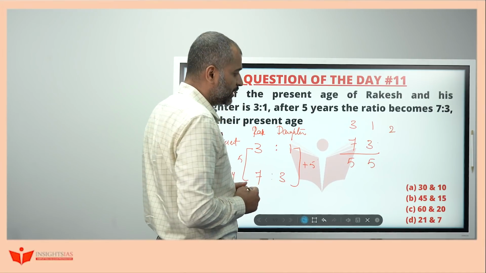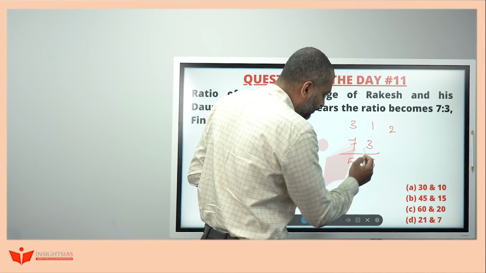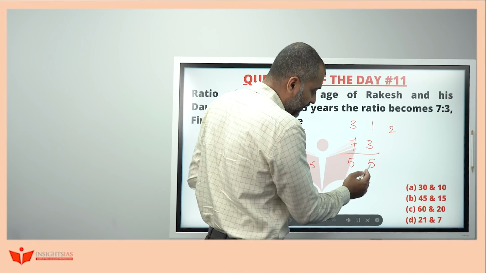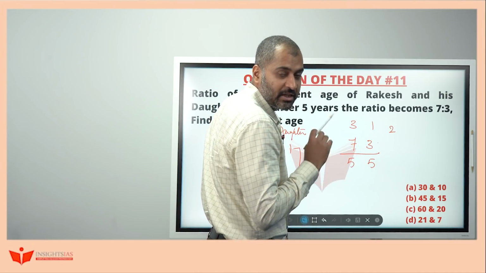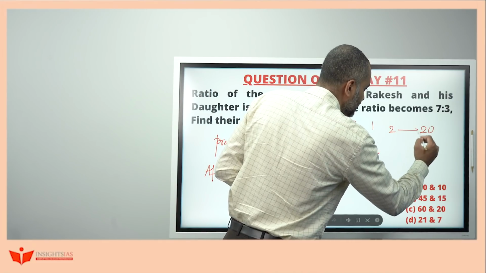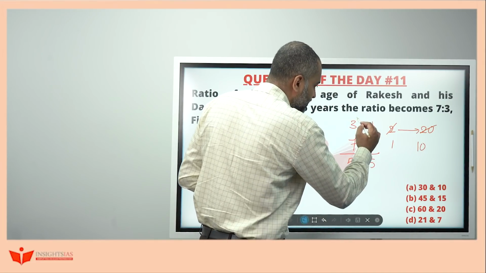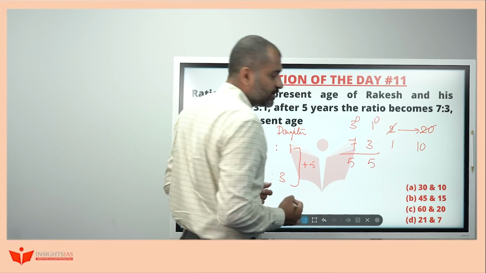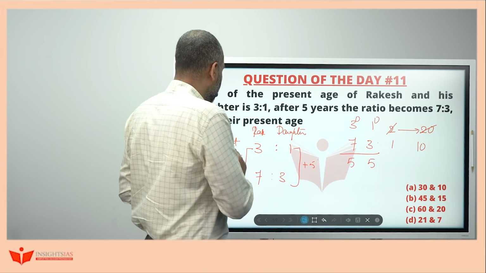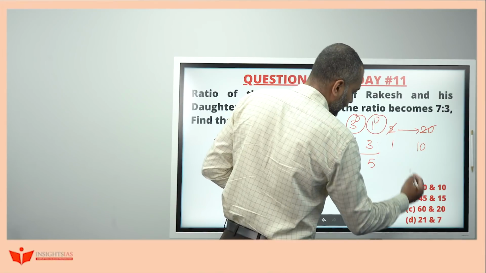Now, 7 into 5 is 35, 5 into 3 is 15. The difference of 35 and 15 is 20. These 2 parts is equal to 20. Then 1 part is equal to 10, and 3 parts is equal to 30. So, the present ages of Rakesh and his daughter are 30 and 10.